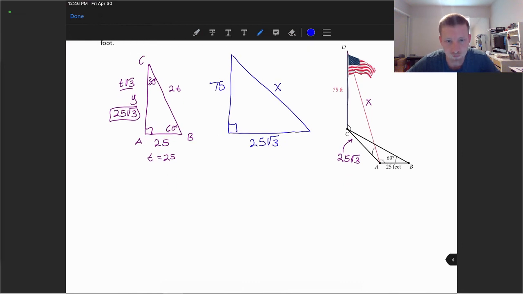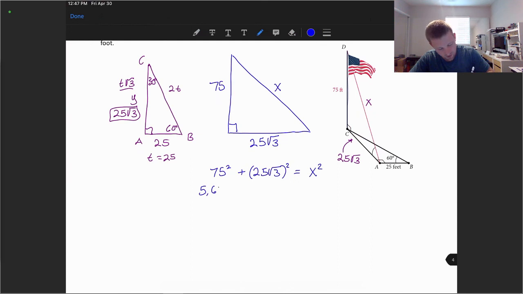So the second stage of our problem, we can use the Pythagorean theorem, and we can say that a squared, 75, plus b squared, that's 25 roots of 3, quantity squared, is equal to our x squared. Now we just have to multiply here to find our results. So 75 times 75, you'll get 5,625.